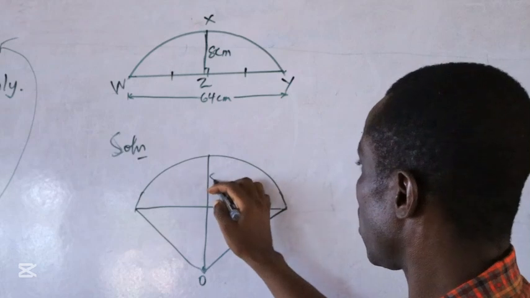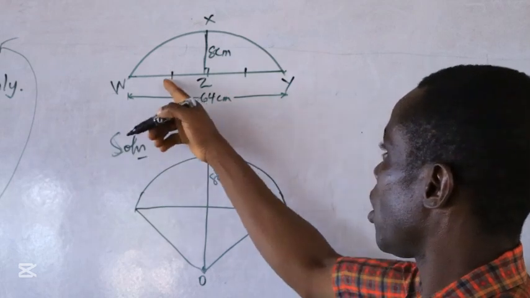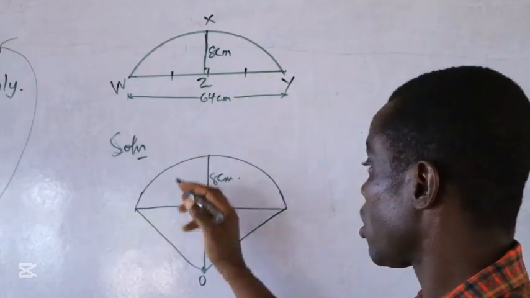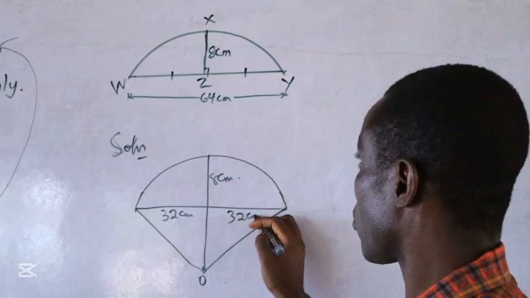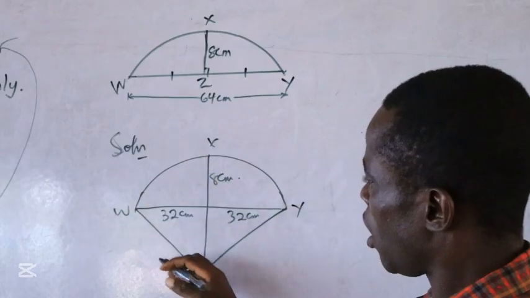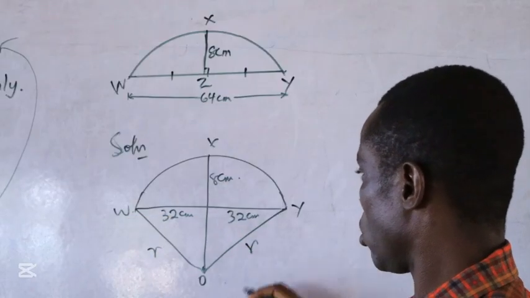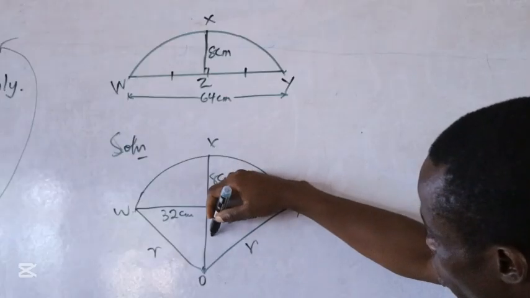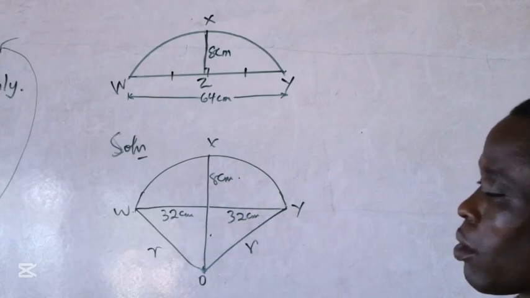So this is 8. This is 64. The two sides here are equal. That is 32, 32. Are you there? This is W, this is X, and this is Y. And what is the name of this line? Radius. This is also radius. And what will be the length of this one?